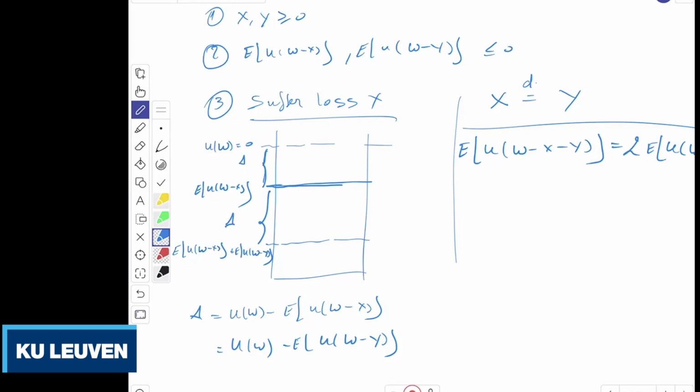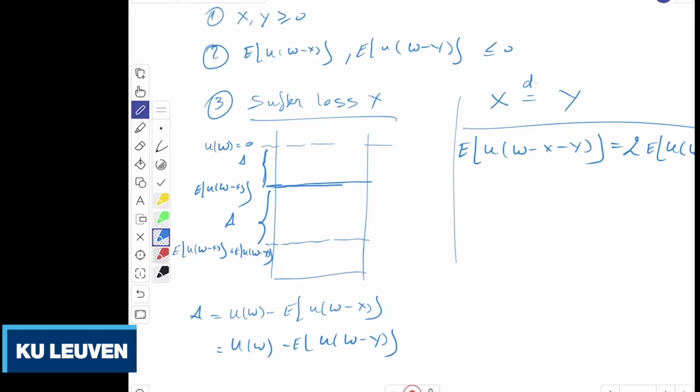Does everyone understand what I'm doing here? I'm adding X and Y, but I'm adding them one by one. First, I face the loss X, then I stop. I don't know what X is, so I assume that I reach my expected utility, the expectation of U(W minus X).